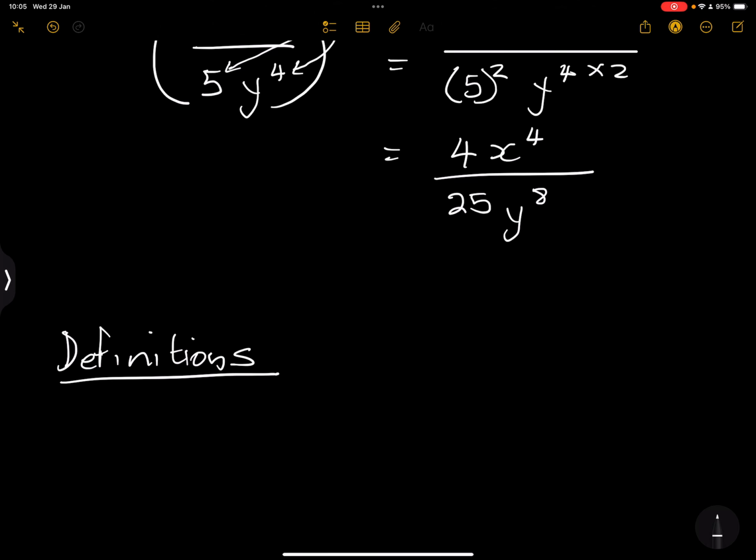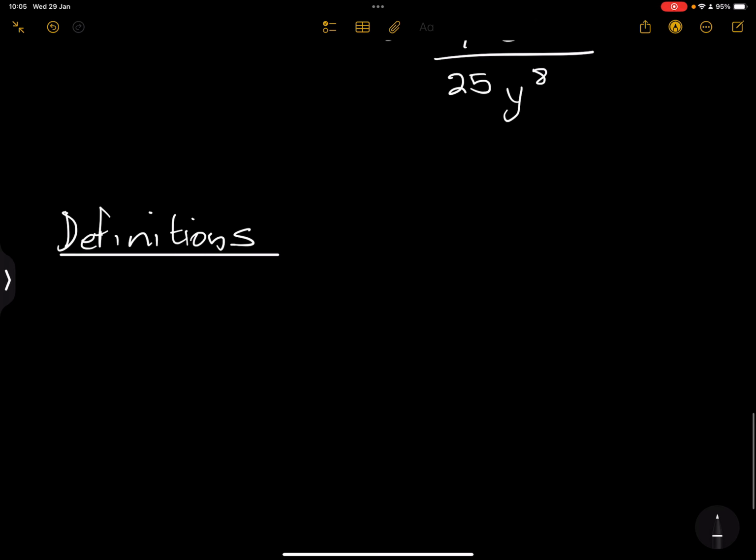Now, when it comes to exponents, we know firstly that whenever we've got any number or a base that is raised to a negative power, I can write this as a reciprocal with a positive power.